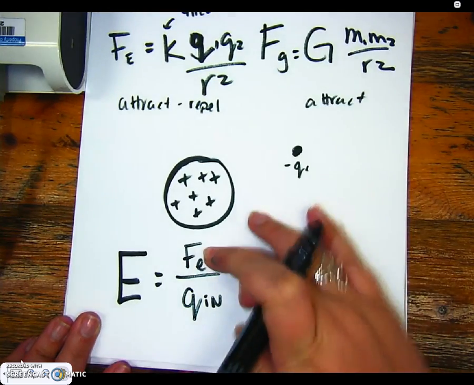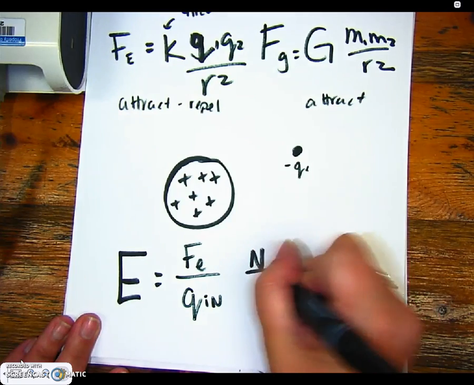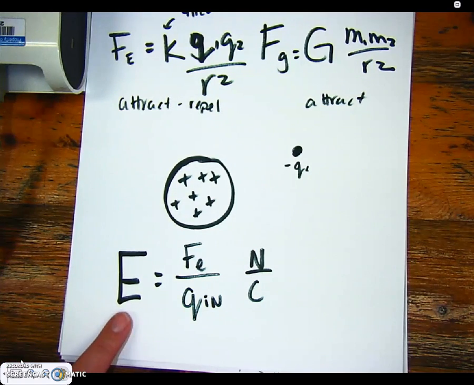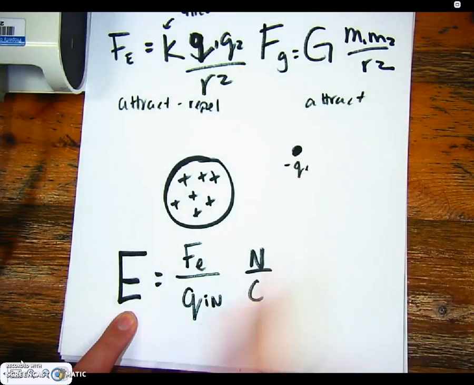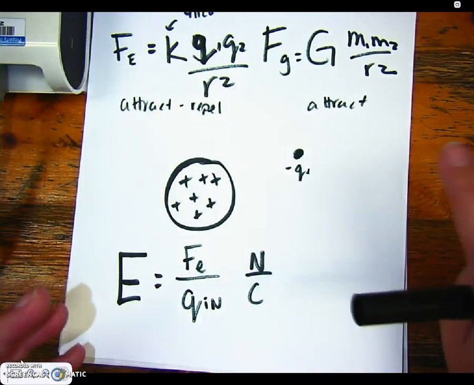It's a force per unit charge, so the unit is newtons per coulomb. But the electric field exists even if there's not a charge there, and this equation depends on there being a charge there.